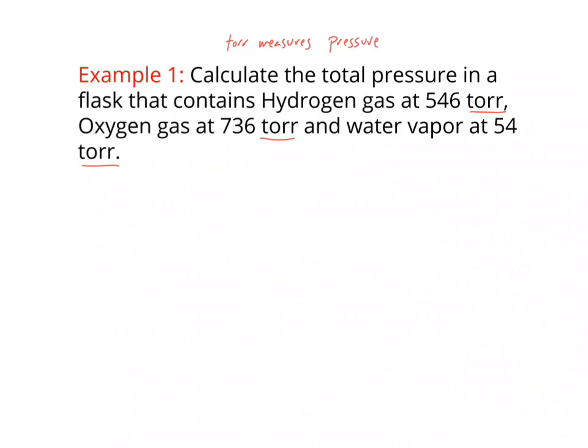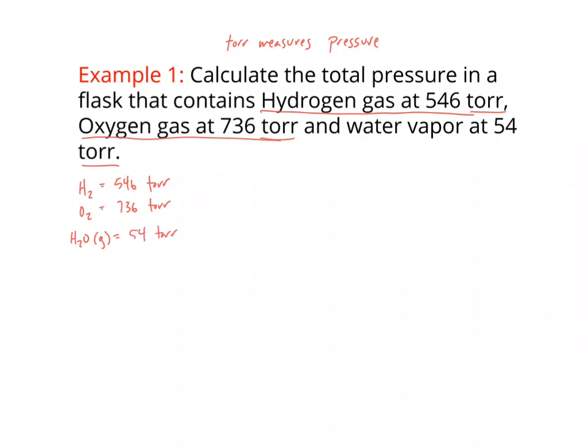So I have hydrogen gas that has a pressure of 546. So we'll say hydrogen has 546 torr. Oxygen gas is 736. And water vapor is 54 torr.